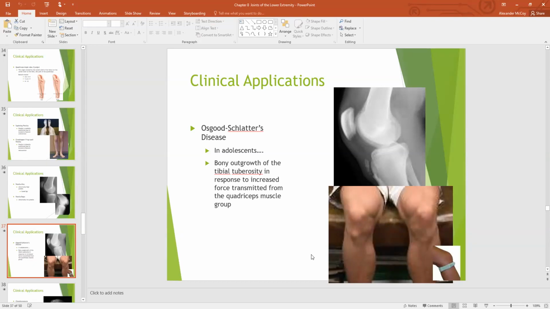Osgood-Schlatter disease happens in our kiddos during that teenage bone growth and puberty. Okay, you'll see this knot right here. The bone actually grows out of the tibial tuberosity, so it should be a roughened surface right here, but it starts to form more bone to respond to an increased force transmitted from the quad muscle.